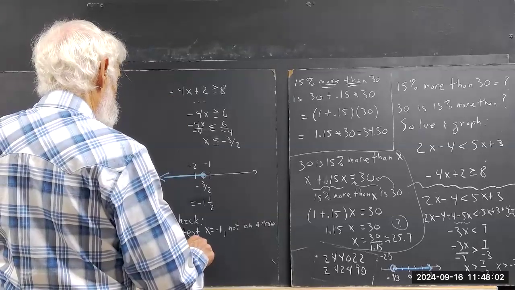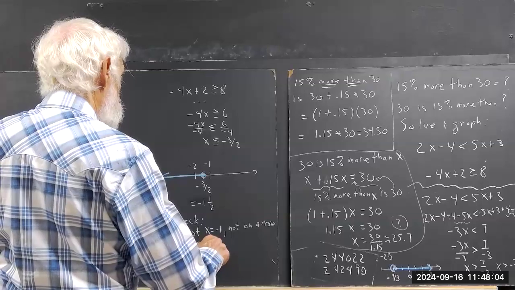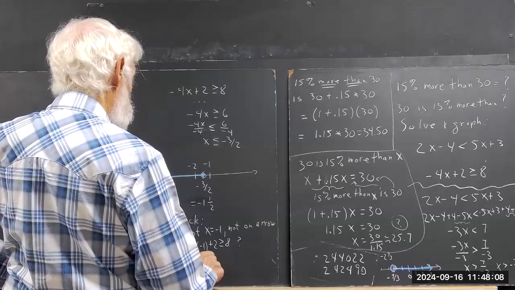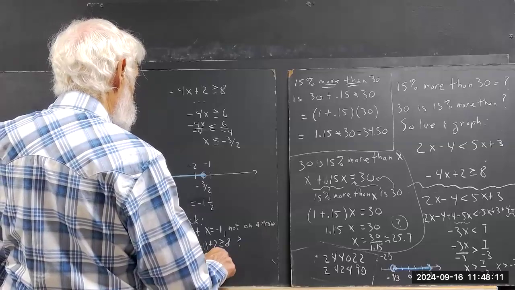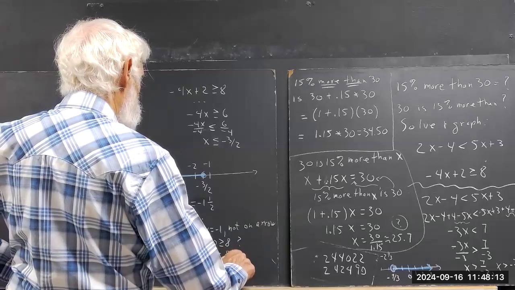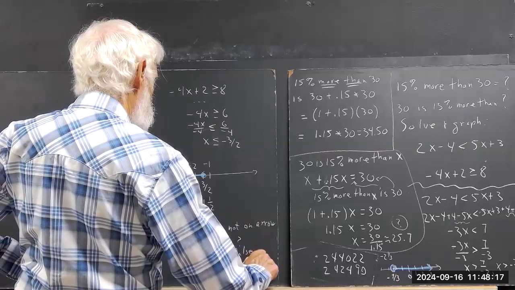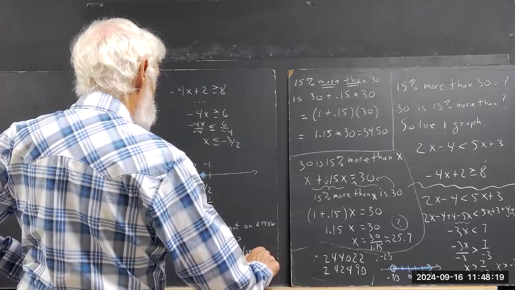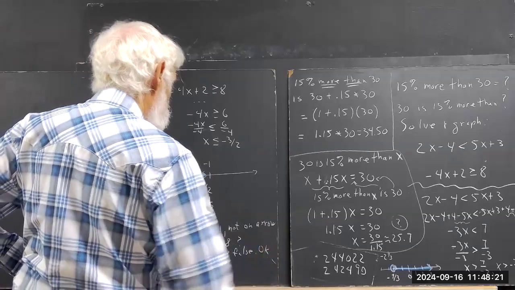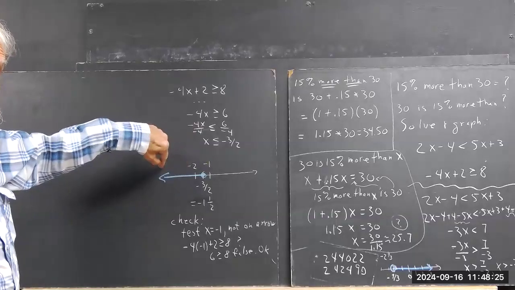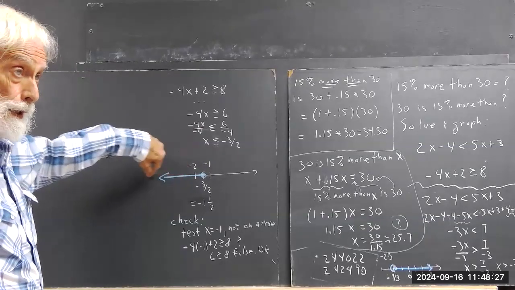Well, -4 times -1 plus 2 is greater than or equal to 8. Is that true? Well, this gives us 6 greater than or equal to 8. It's false. That's okay, because it's supposed to be false because -1 is not in the region that we shaded. It's not on the arrow.